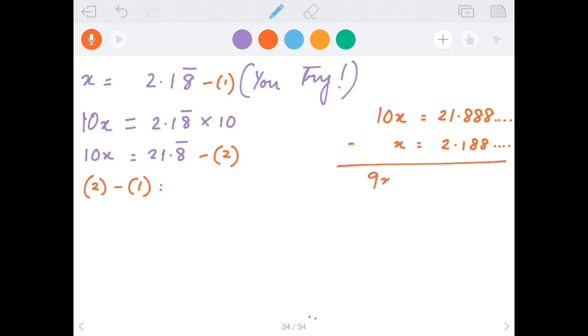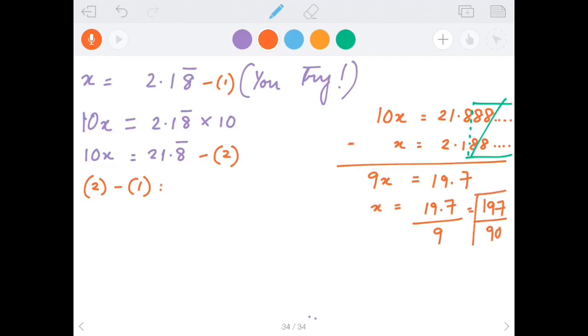I'm just going to highlight that out for you. 9x equal to, if you notice, that is the highlighted part which needs to go. So we'll end up getting 19.7. So x becomes equal to 19.7 divided by 9. I'm just going to move one decimal place to the right, and I'm going to get 197 by 90, and I'm going to highlight my answer.